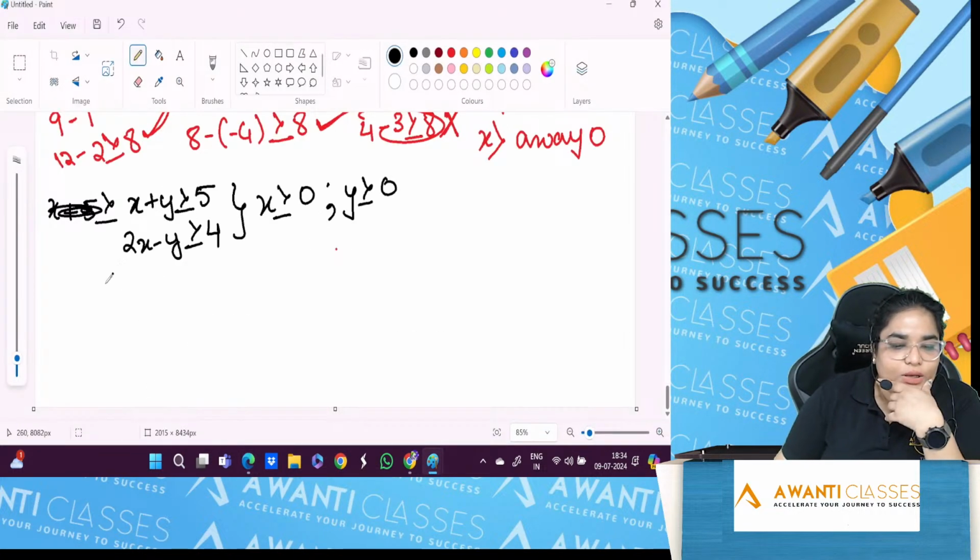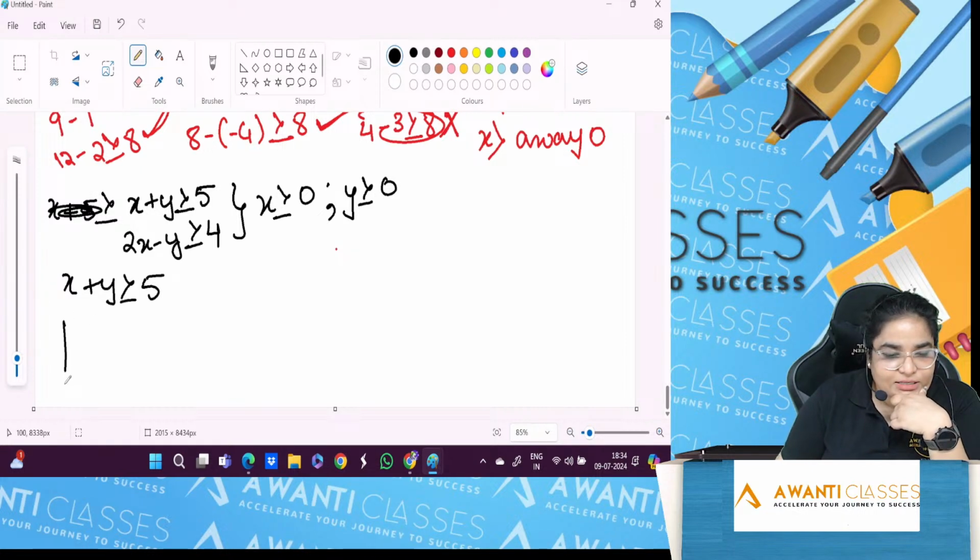Okay, let us quickly try with the first equation, x plus y greater than equal to 5. If I take x as 5, y as 0, will it work? Yes. Why? Equal to is also there.